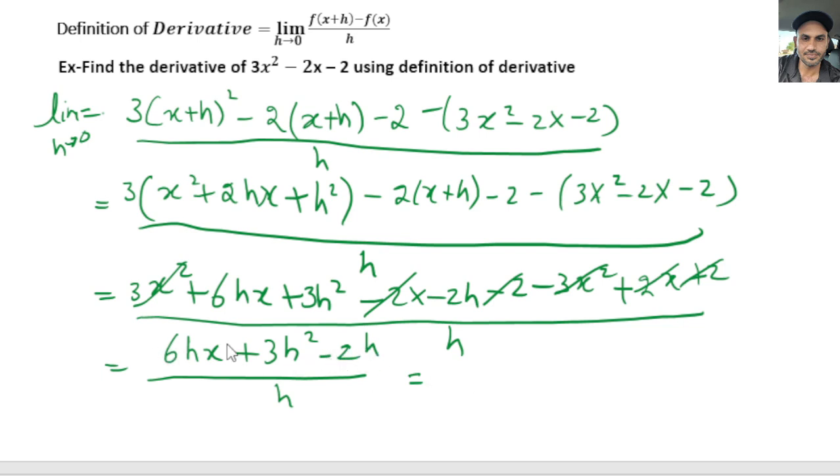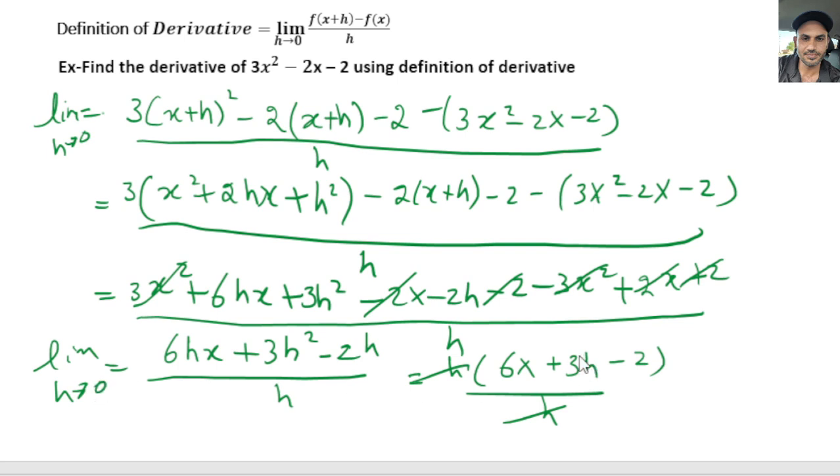We can factor out h. So h is factored out and you're left with 6x plus 3h minus 2 divided by h. This h cancels out, and since limit as h goes to 0, this is also cancelled, becomes 0, so you're left with 6x minus 2.